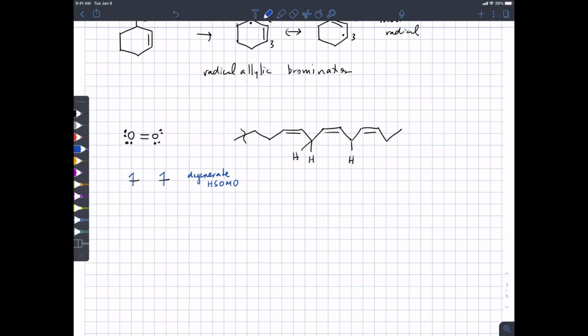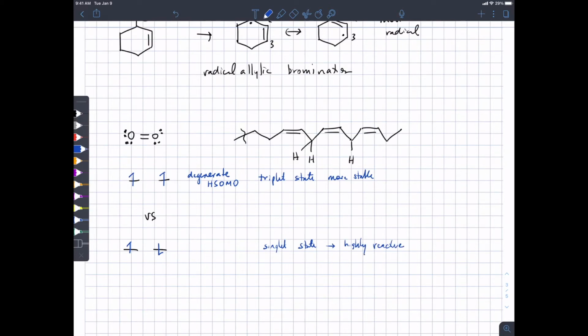You can have the spins aligned parallel to each other. That's called a triplet state. You don't need to know that, but it is more stable. And then you can have a case where the 2 highest energy electrons have opposite spin, and they call that the singlet state, and that's highly reactive.